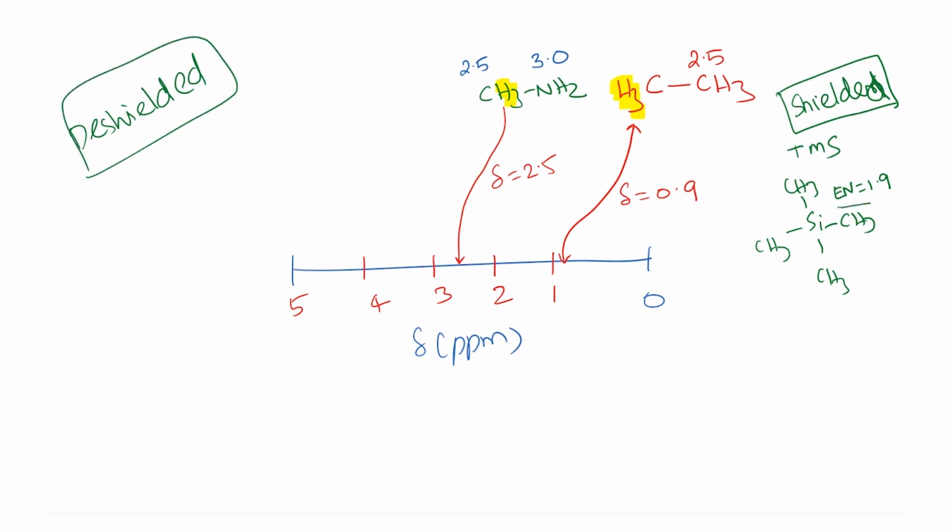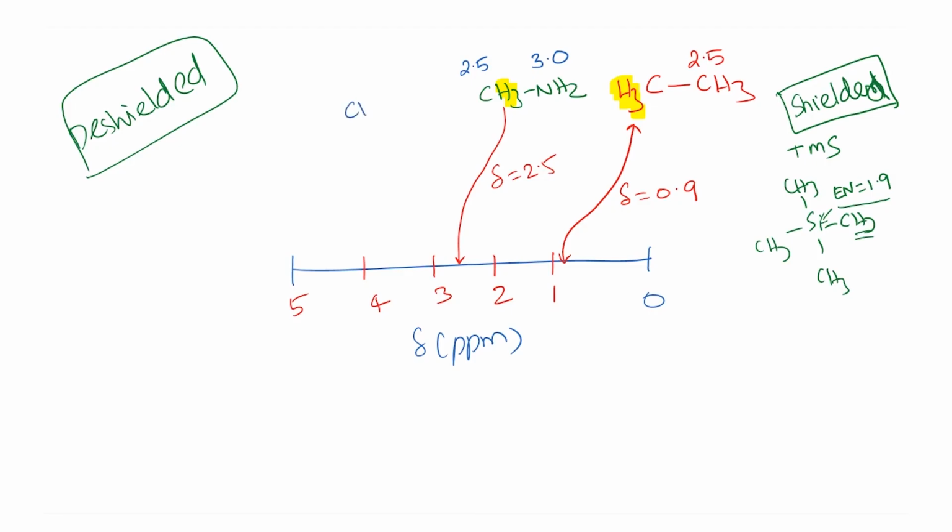So, having an electronegativity of 1.9, the silicon has a tremendous influence on this hydrogen which is next to the carbon. Similarly, in methylamine, CH3NH2, the nitrogen being more electronegative pulls electrons more efficiently and makes it more deshielded, or less shielded. Now, does this translate to methanol?